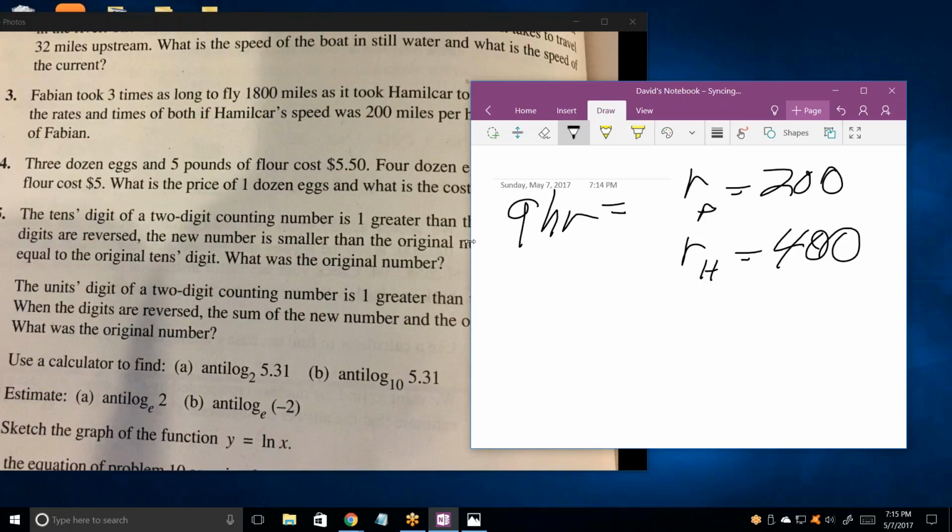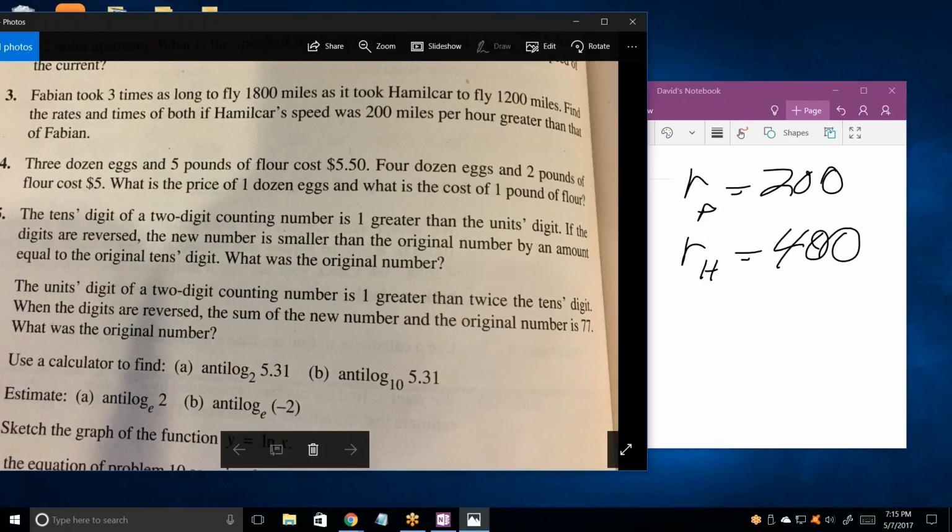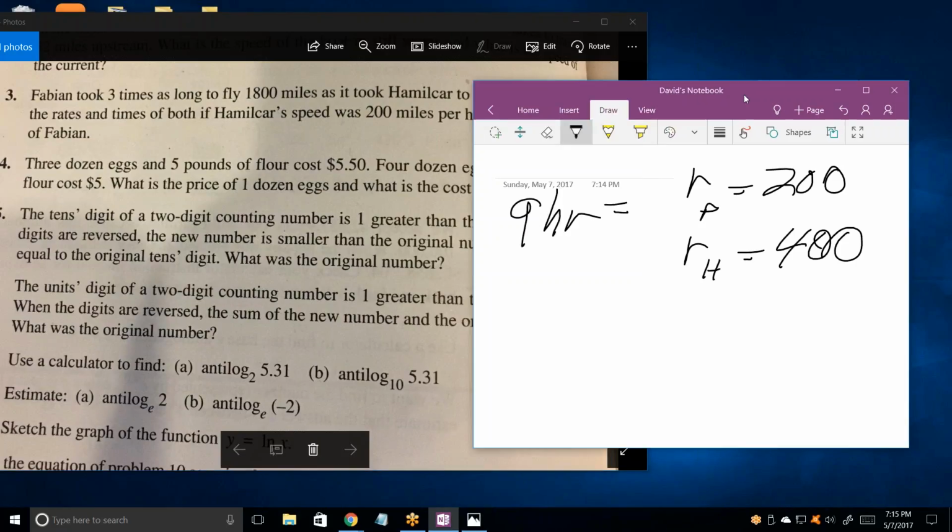How long would it take Hamilton to go 1,200 miles? 3 hours. If you're going 400 miles an hour to go 1,200 miles, you divide it, it's 3 hours.